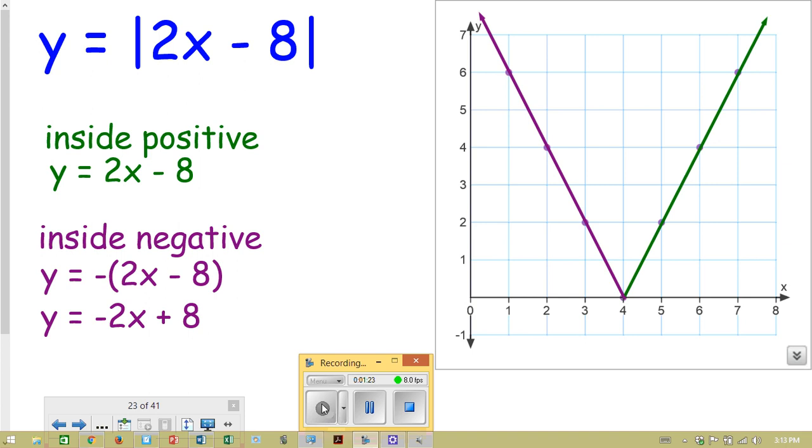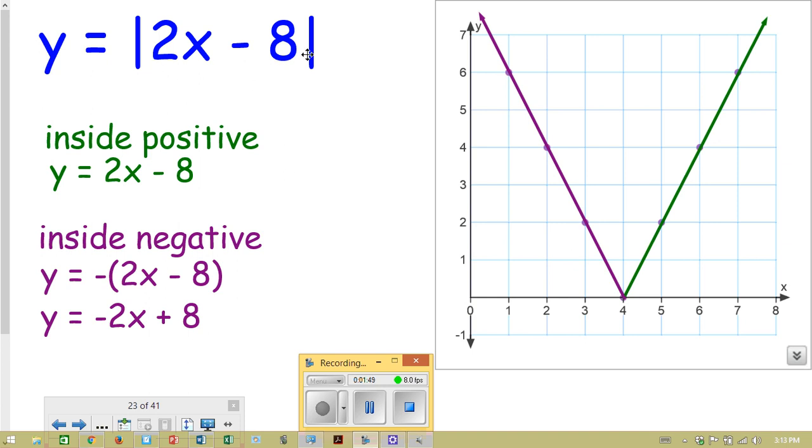So let's look at this a little bit farther in more depth and more detail. We started off with our original absolute value graph. But remember, if what's on the inside of the absolute value is positive, absolute value does nothing. And so that's what we have here in the green, which is really the green half of our absolute value graph over here.